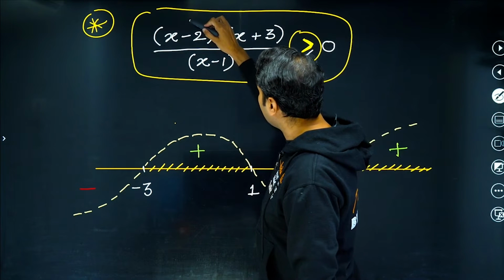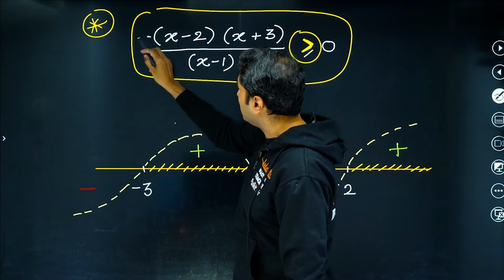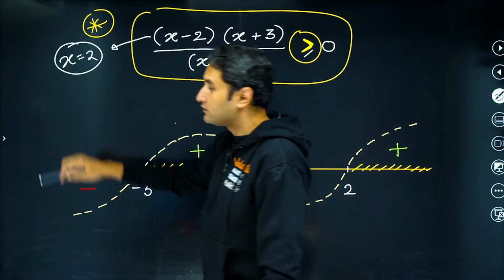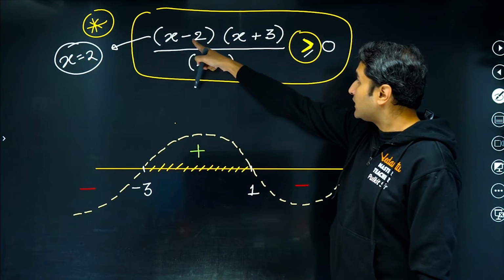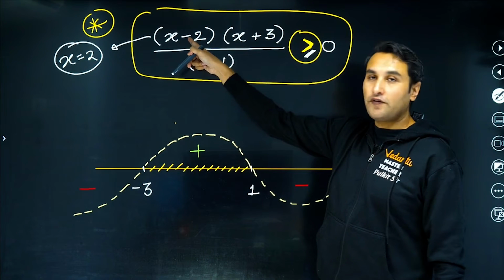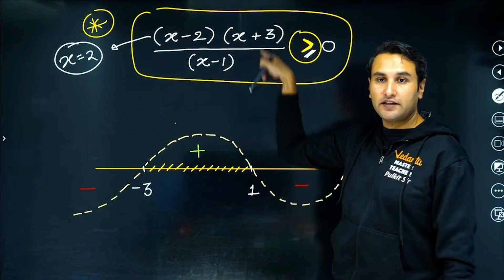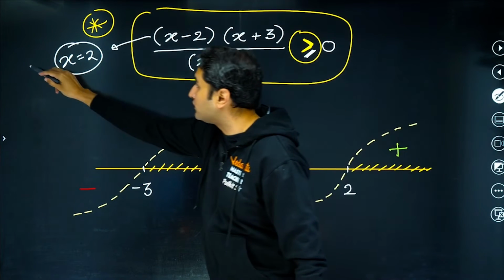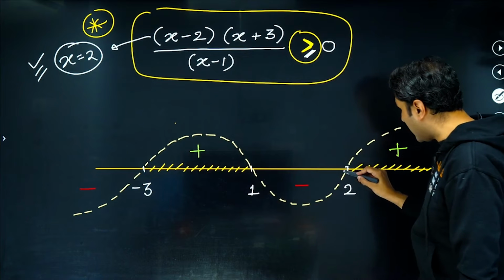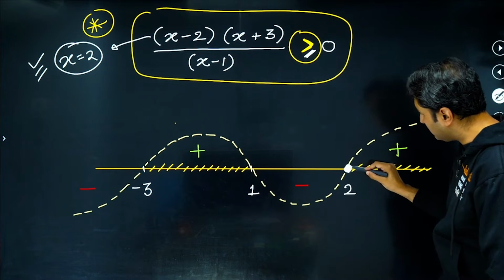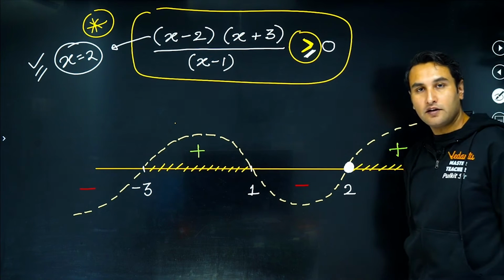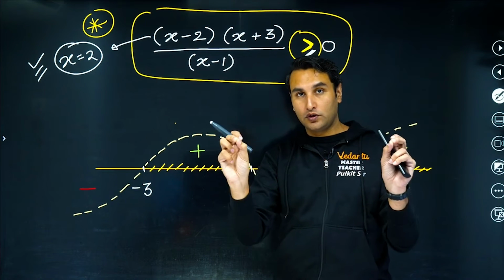Are you okay with x equal to 2? Tell me, yes or no? When x becomes 2, does this become equal to 0? This factor is in the numerator, so the entire thing is 0. Yes, you are okay with it. So at x equal to 2, mark a filled circle, because you can include 2.